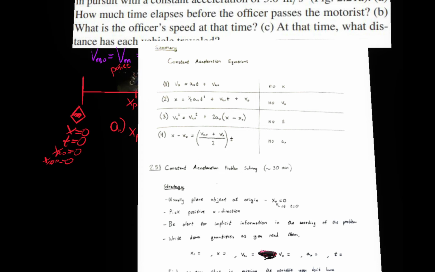Equation 2, x is equal to, okay, we have some t's in here, so we can solve for the t. And we have a, we know a, at least, well, we know a for both. It's 0 for the motorist, and it's something non-zero for the policeman. And x naught, we know x naught for each of them. So it looks like 2 is our winner.